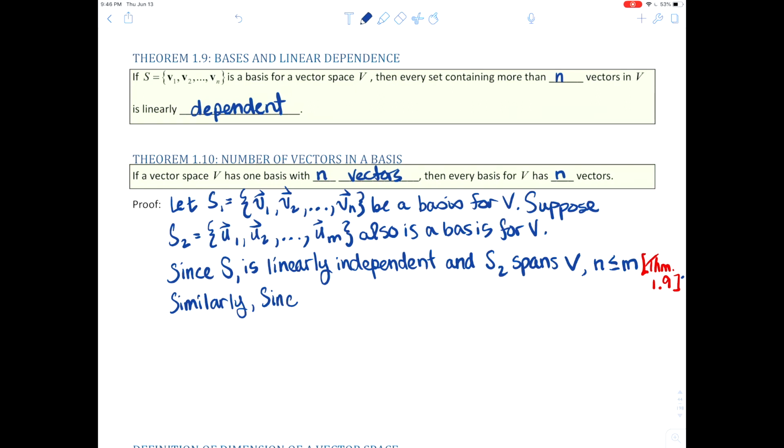Okay. Similarly, since S2 is linearly independent, and S1 spans V, m has to be less than or equal to n.